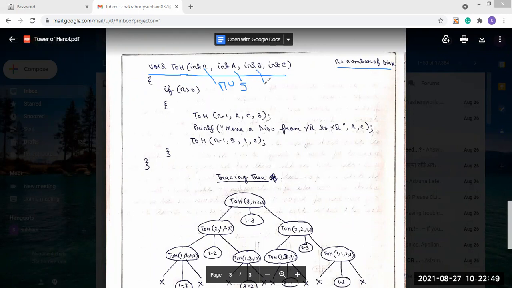B is the auxiliary tower. And C is the destination tower. So for the function void Tower of Hanoi, we are taking 4 parameters N, A, B, C, where N is our number of disks, A is the source tower, B is the auxiliary tower, and C is the destination tower.